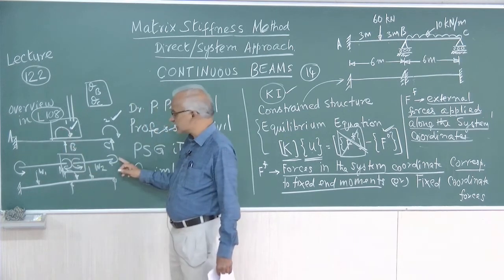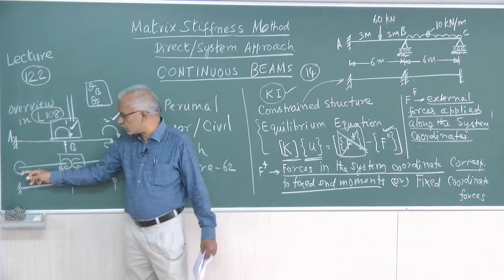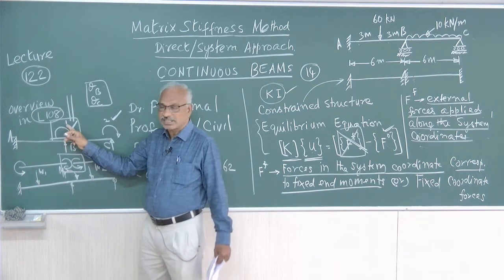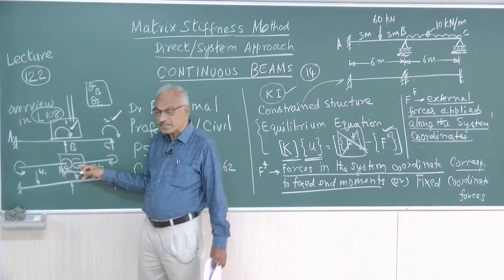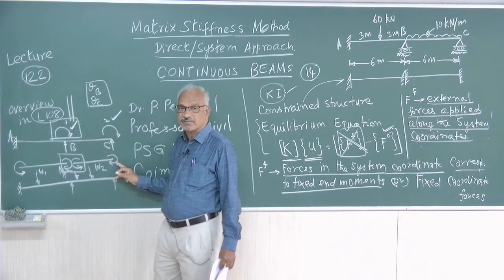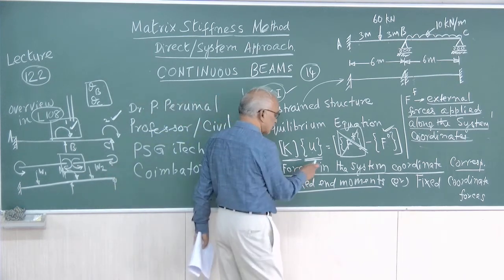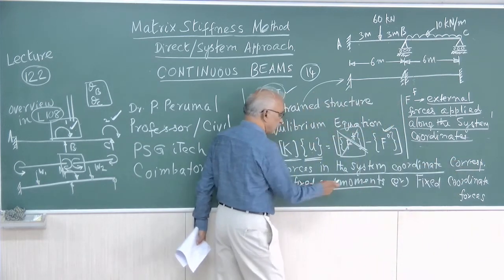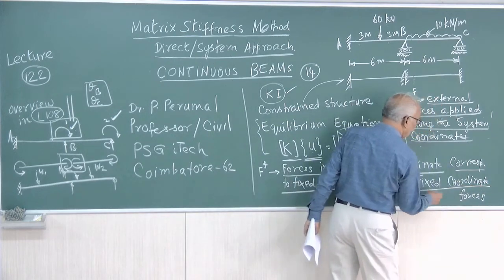Similarly, this is F2 naught. We need not bother about this value because this is already fixed. So, at coordinate 1, the value resulting from these two will be our F1 naught. At coordinate 2, this fixed end moment will be F2 naught. Therefore, they are the forces in the system coordinates corresponding to the fixed end moments, and they will be called fixed coordinate forces.